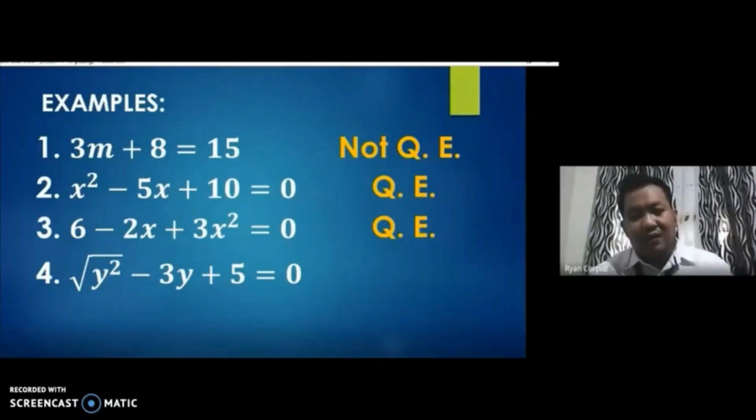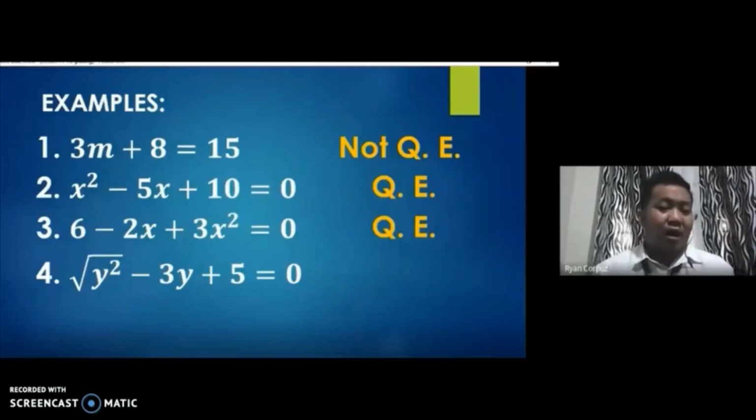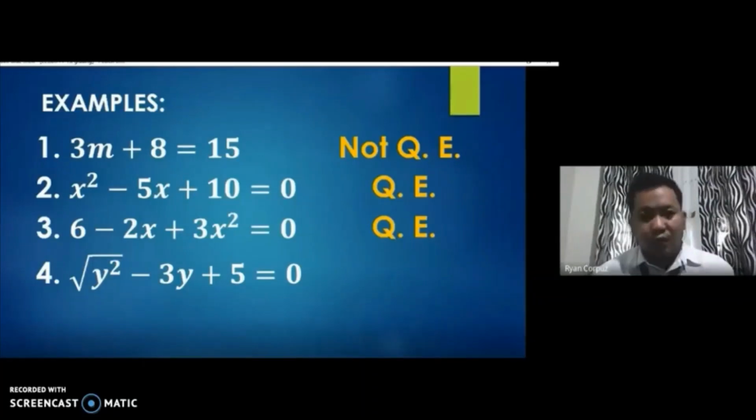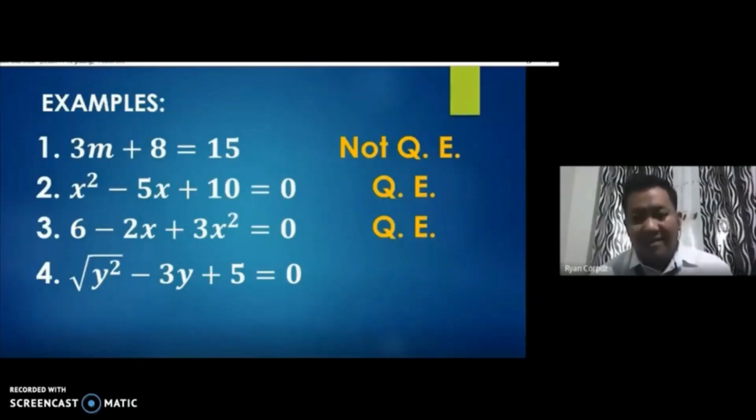When you get the square root of a term whose exponent is an even number, or whose exponent is 2, it's the same as canceling the square root sign and the 2.